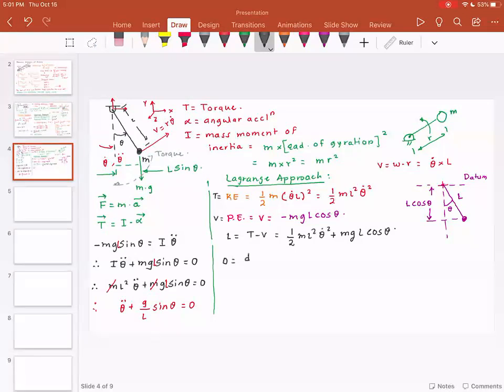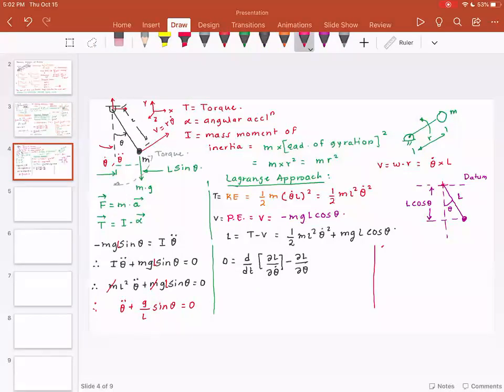So the equation is d by dt. Please note, this is full derivative, partial L. In this case, I have theta and theta dot. So I'm going to have partial L by partial theta dot minus partial L by partial theta. With this, I'm going to work out these values on the side.